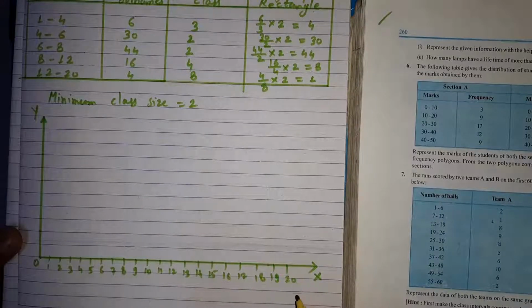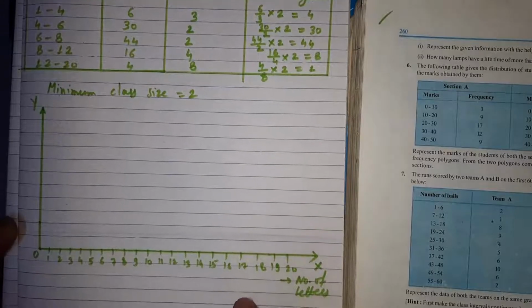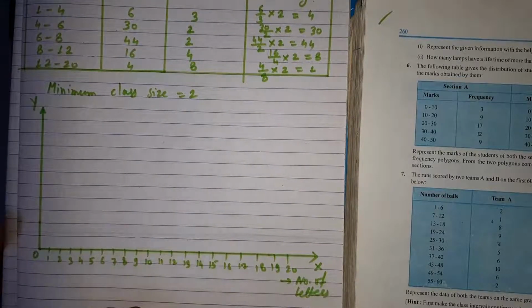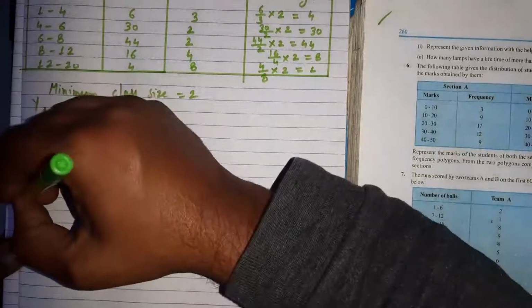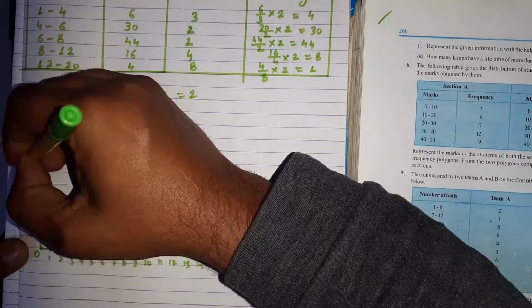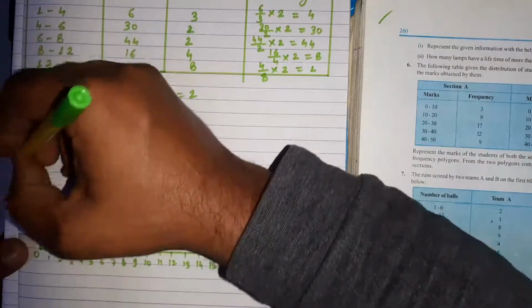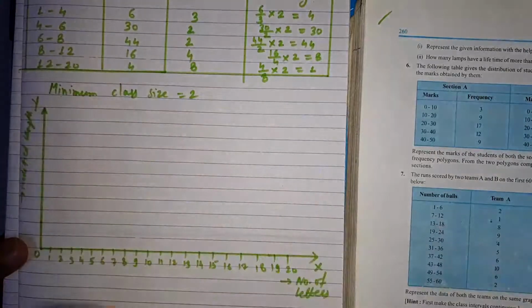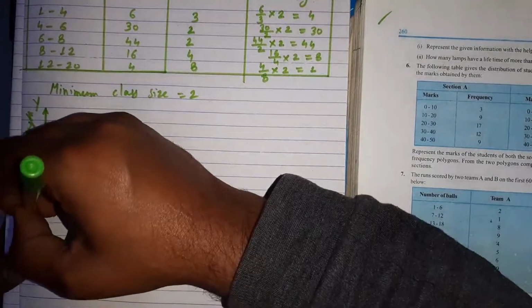And on the y-axis we are taking the modified length of the rectangles.